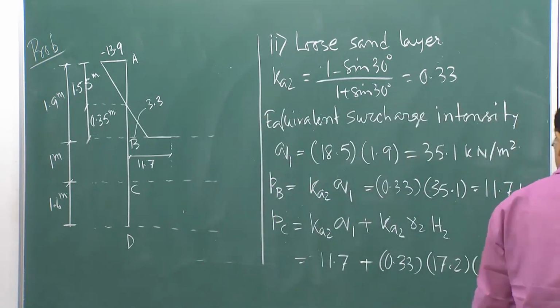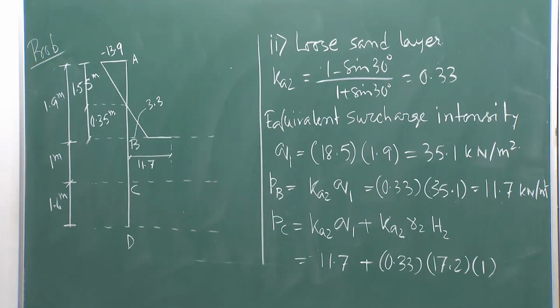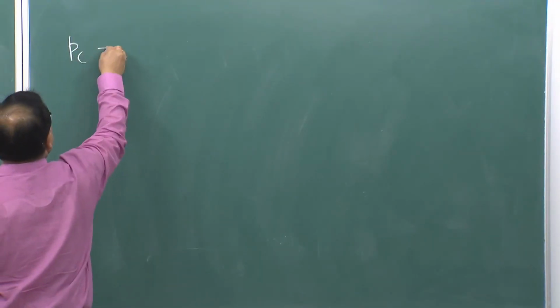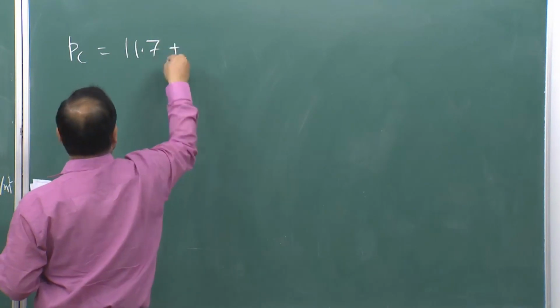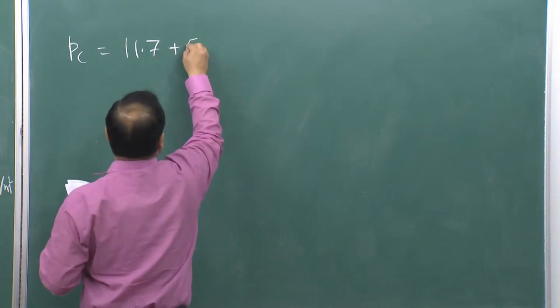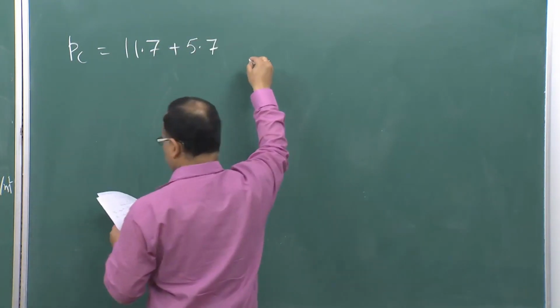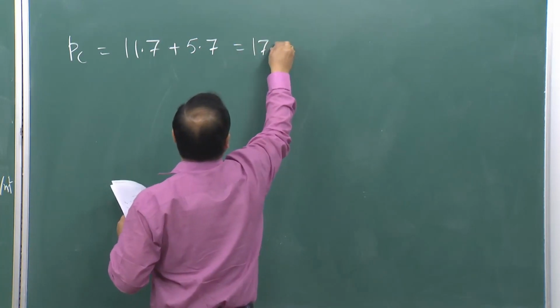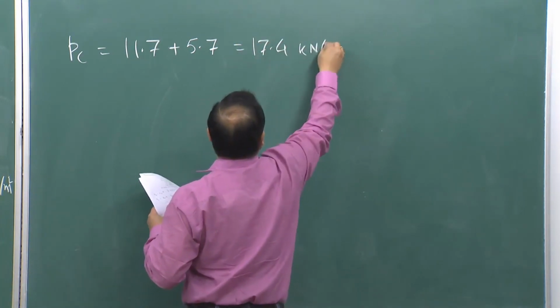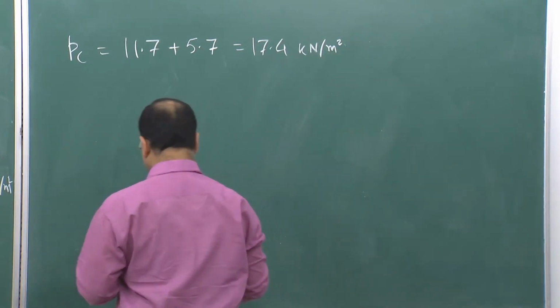So, that gives me PC is equal to 11.7 plus 5.7 is equal to 17.4 kilonewton per meter square.